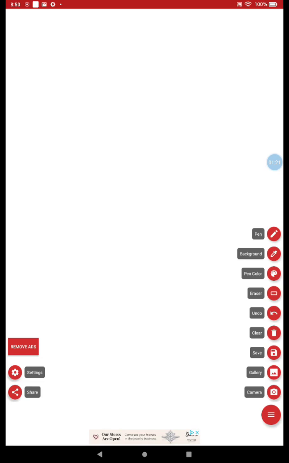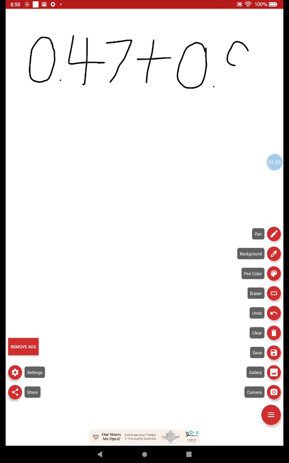All right, now for decimals, I might have 0 and 47 hundredths plus 9 tenths, okay? And I'm going to go ahead and make my decimal point really big so you're sure to see where it is.